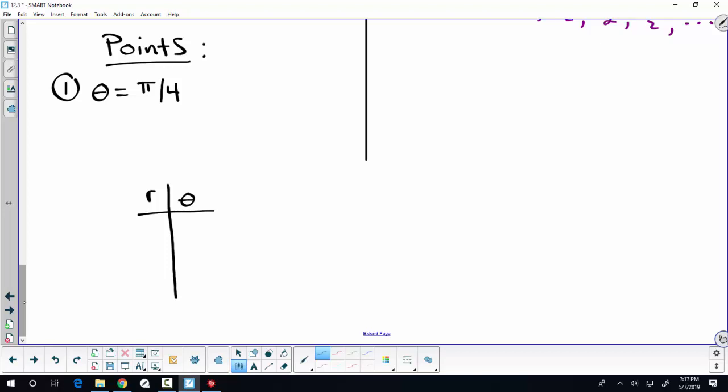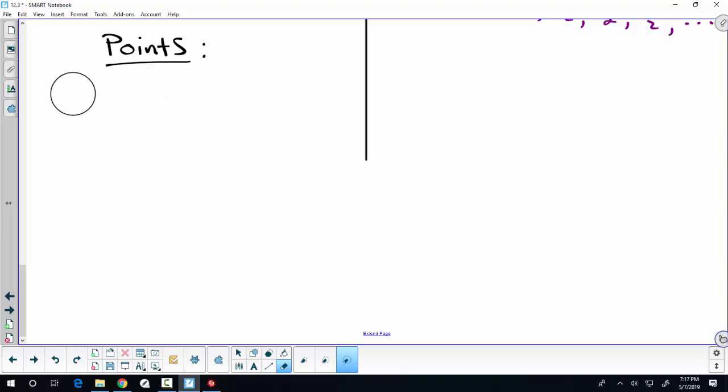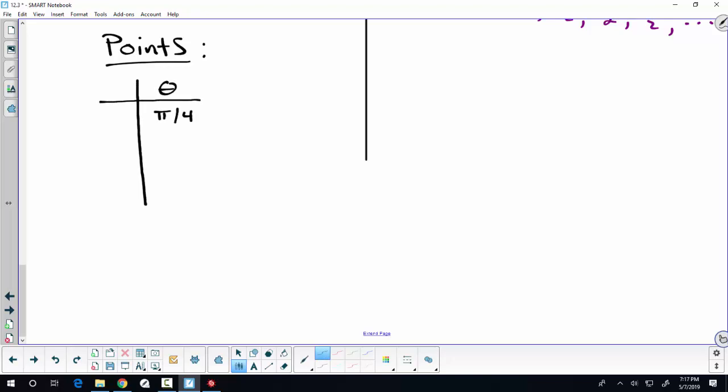So we can generate a table with pi over 4, 3 pi over 4, 5 pi over 4. Remember the r was defined as, what was it, cosine theta?